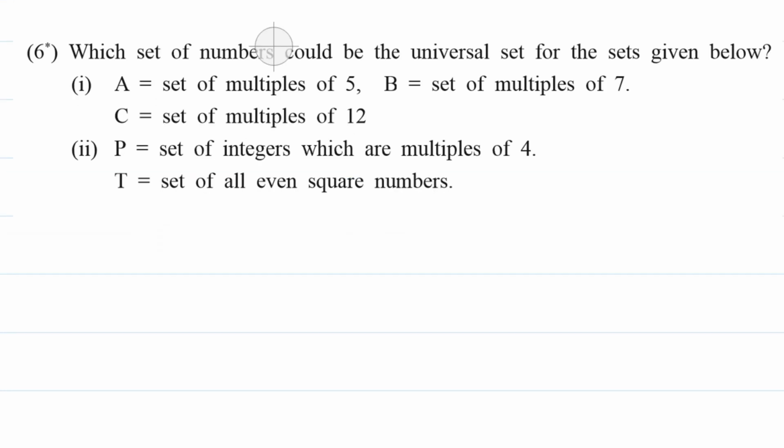Question number 6. Which set of numbers could be the universal set for the sets given below? Sub question 1. A is the set of multiples of 5, B is the set of multiples of 7 and C is the set of multiples of 12.